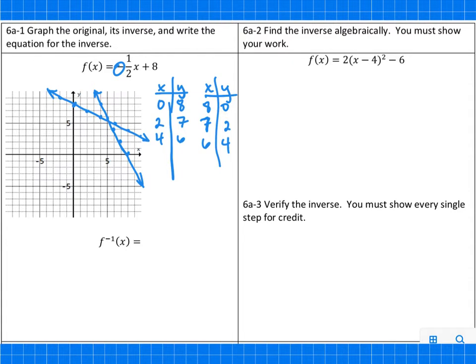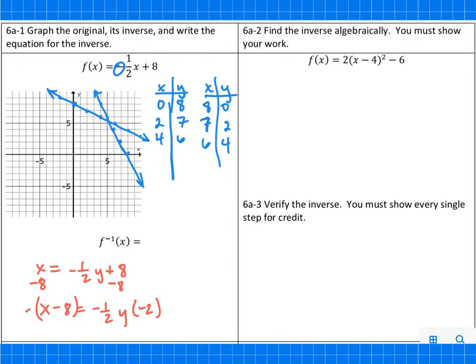Okay, so now the equation for this. This is my screw up. You can't actually see where your y-intercept would be. You'd have to go back a ways. What I'm going to do is find it algebraically. So if I've got x equals negative 1/2 y plus 8, subtract 8, x minus 8 equals negative 1/2 y, multiply that by negative 2 to get rid of the negative 1/2.